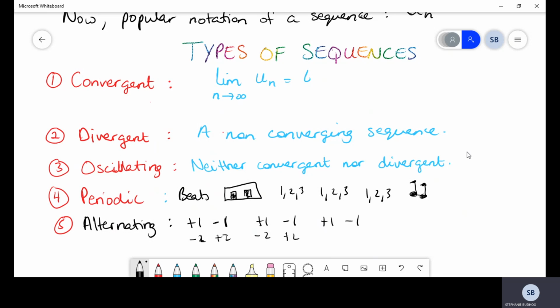Alternating sequences can be convergent, divergent, or oscillating. This is quite interesting.